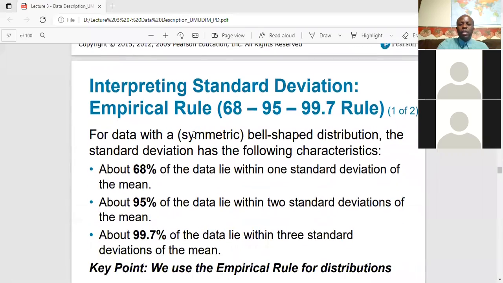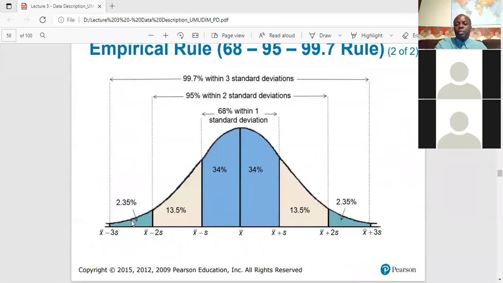According to the empirical rule, we use it only for data sets that are symmetric. When I was describing the shape of distribution last week, I explained symmetric, left skewed, right skewed. So symmetric or bell-shaped distribution. That kind of distribution, like this one here, see the chart, is symmetric.